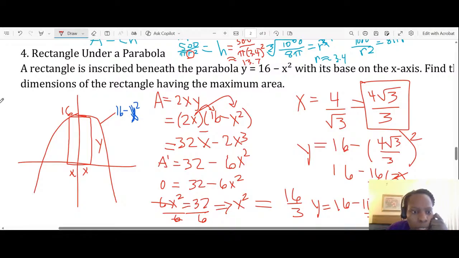Okay, so that's your x and y that's going to maximize the area.